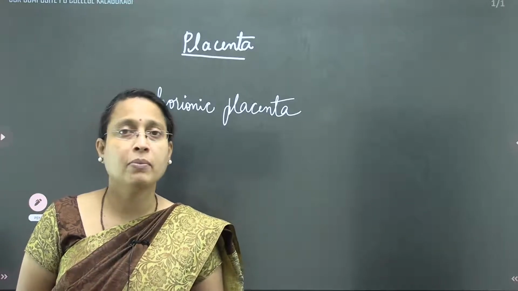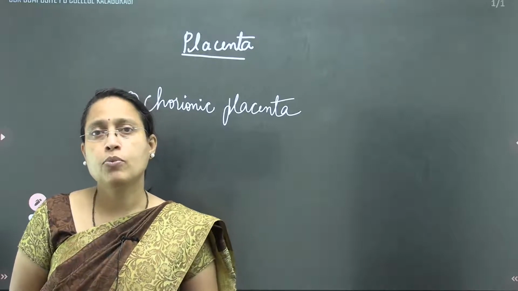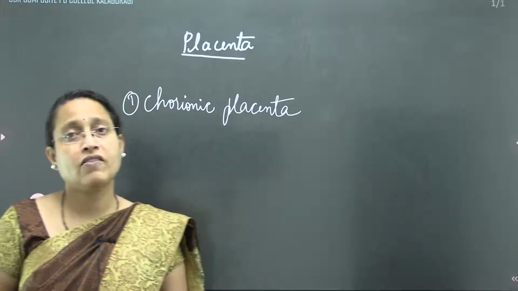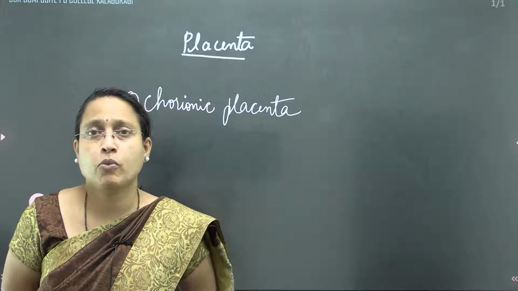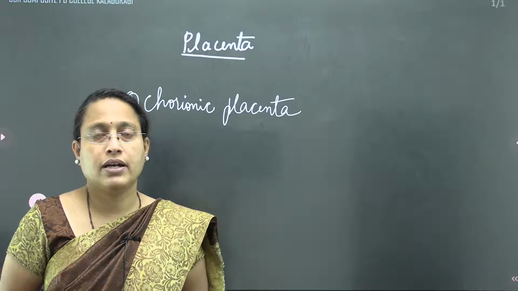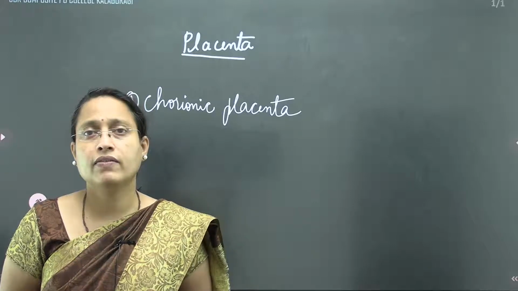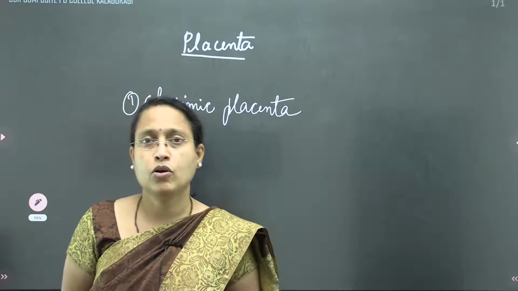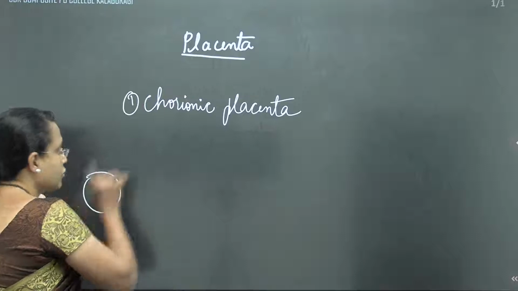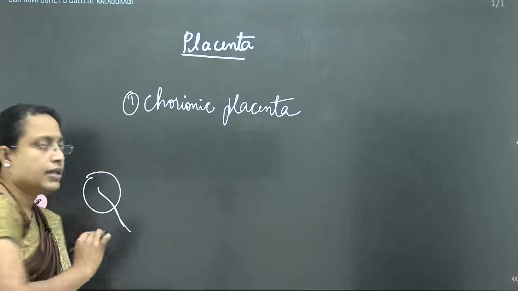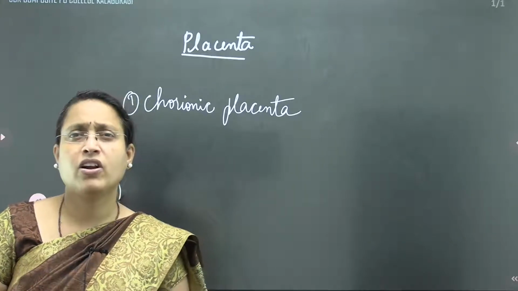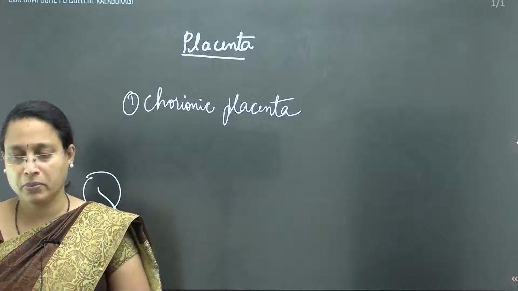But there is one layer that does not contribute to the formation of the placenta, and that is the amnion. In none of these animals will the amnion contribute to placenta formation. So in humans, the placenta is primarily contributed by the chorion, whereas in the umbilical cord, certain blood vessels can be contributed by the allantois, which may not be so functional in human beings.